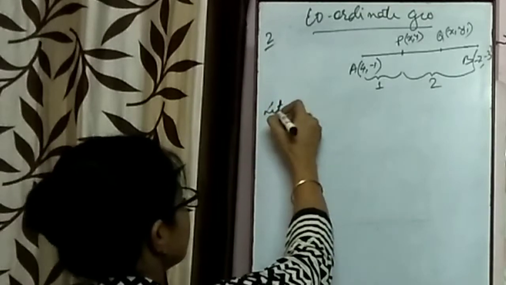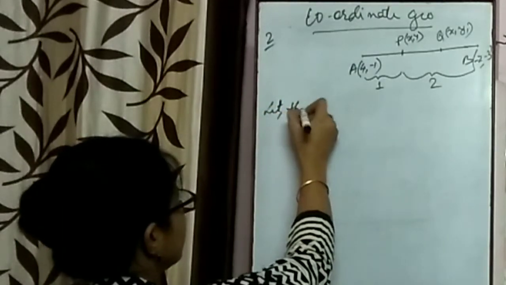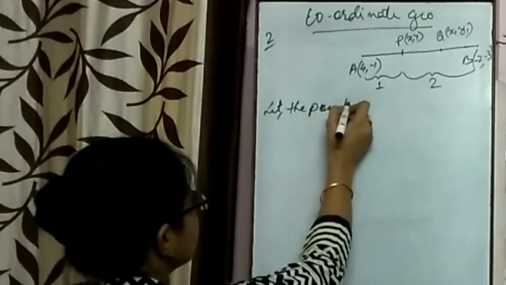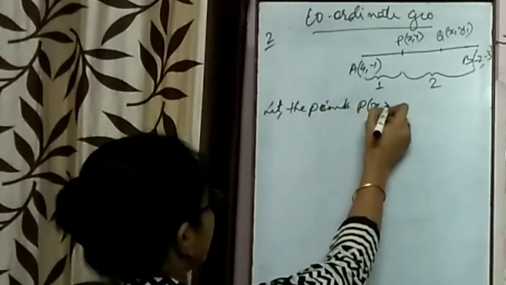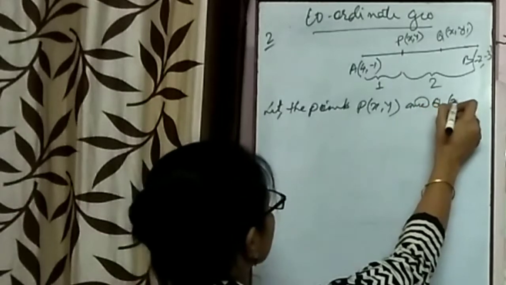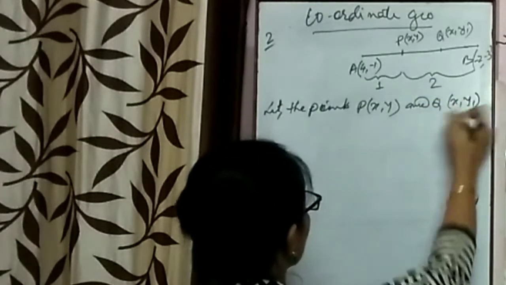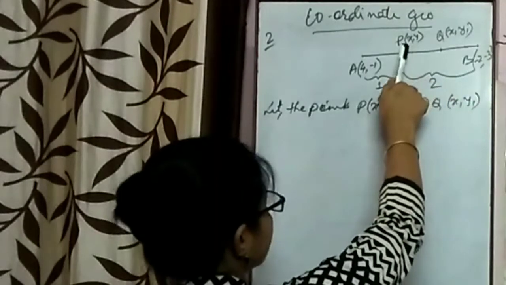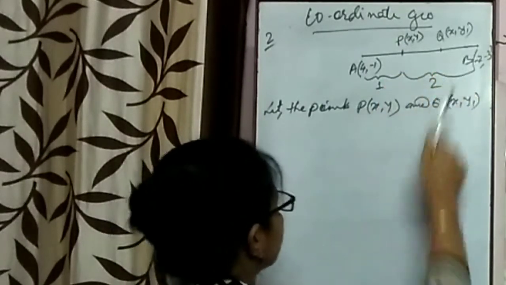So first of all you mention, let the points P(x, y) and Q(x1, y1), you can take any names like x1, y1, x2, y2.